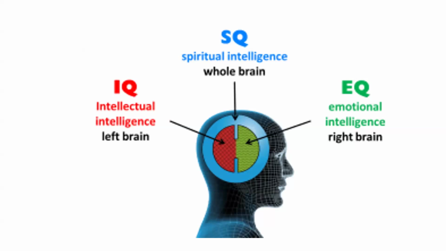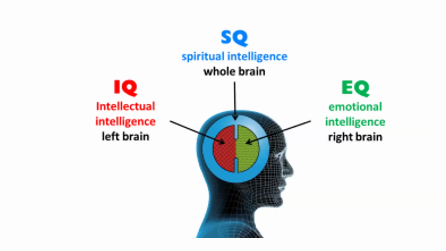Equally, EQ also we talk about now. Emotional intelligence is governed by the right side of the brain. And spiritual intelligence is governed by the whole brain.